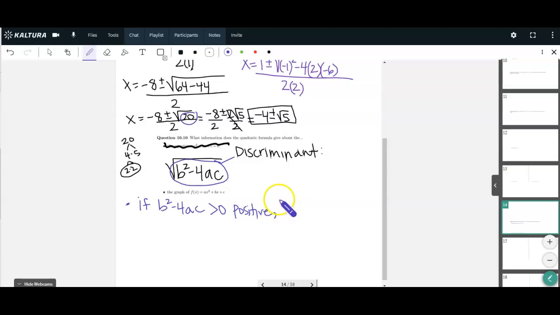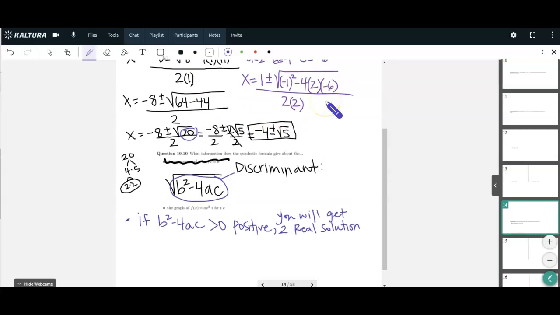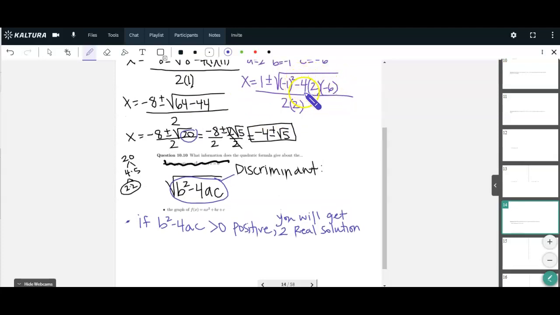Okay, so you will get two real solutions. And that's the same thing that happened here. We again got two real solutions on part A and part B, but that's not always the way it's going to be.